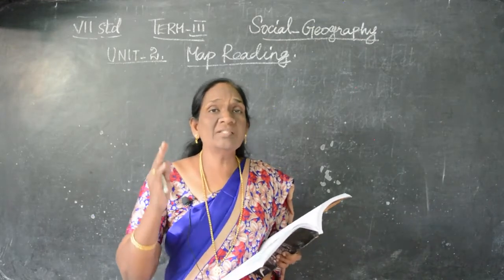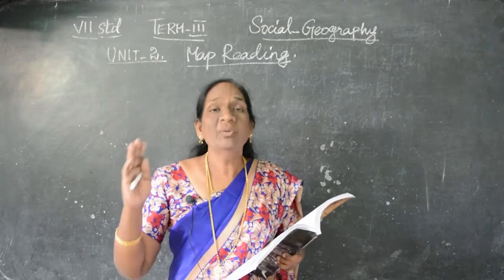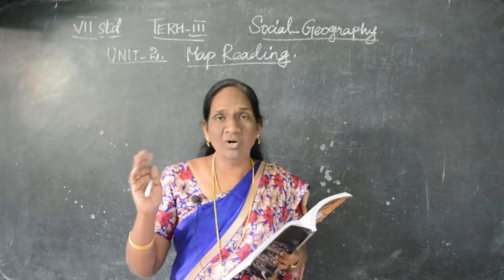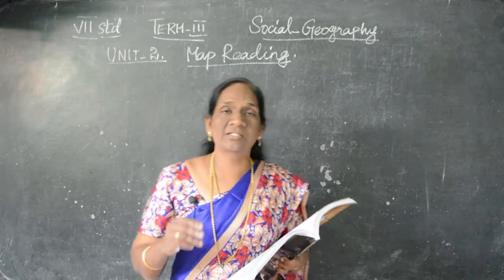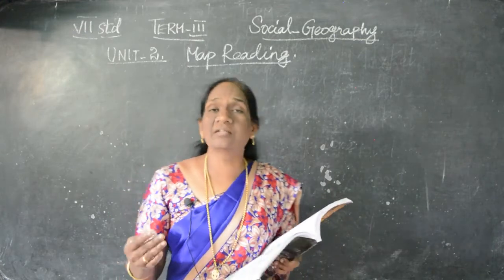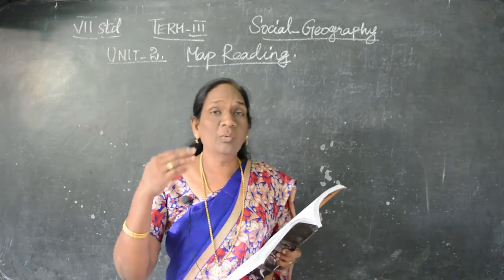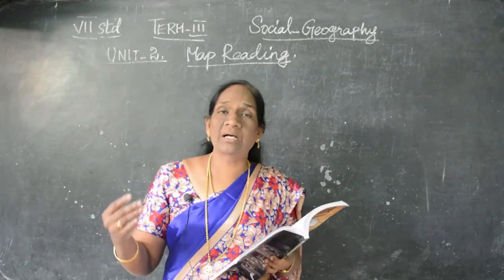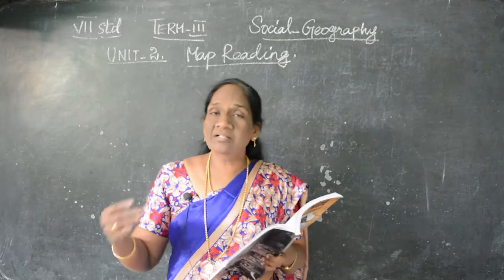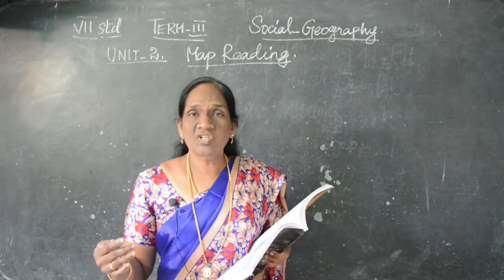So if we see our India map, we can know the boundary of India: in the east the Bay of Bengal, in the west the Arabian Sea, in the north the Himalayan mountains, and in the south the Indian Ocean, and what are all the neighboring countries like Pakistan, Nepal, Bhutan, Bangladesh, Myanmar, and in the south Sri Lanka, China. Understand?